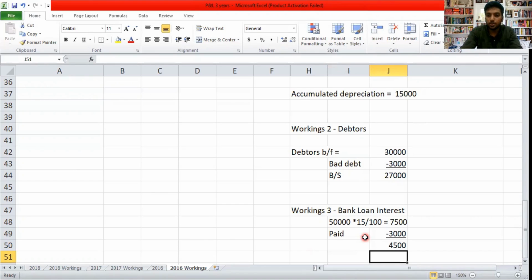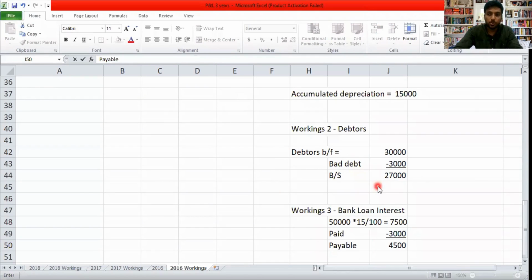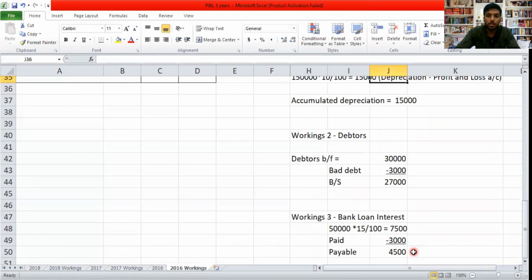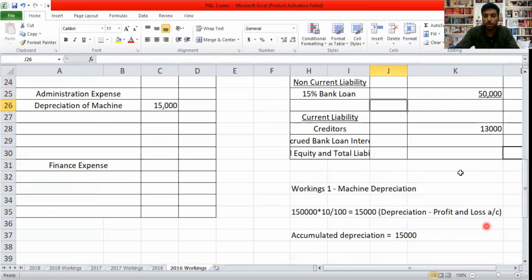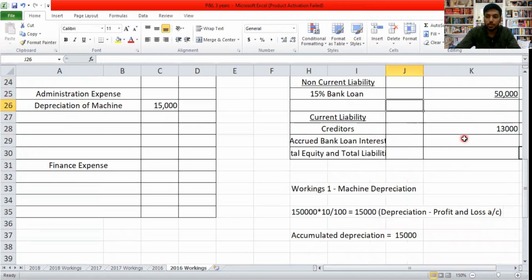So you need to still pay 4,500. This is the amount we say as payable. You have not paid this 4,500, so I'm going to consider this as accrued expense. You can directly show it on the balance sheet as accrued expense 4,500 because we have not paid this.